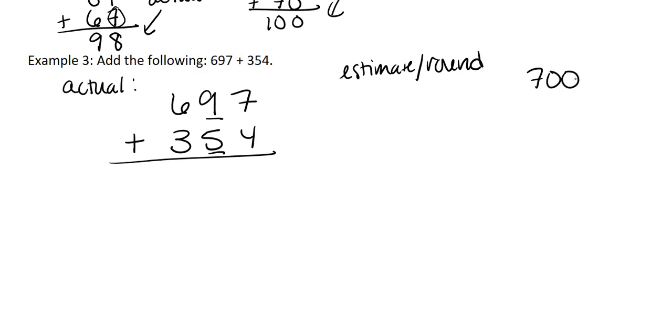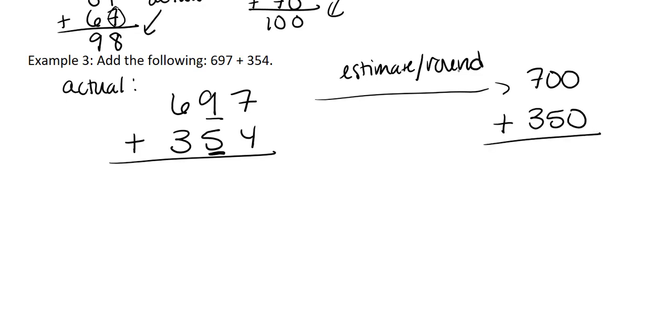So on the top number, we have 700, and then 354. If we want to round to the nearest 10, we have a 5, and we look at the 4. We see that's between 0 to 4, so we need to keep it. So it's 350. We add these together.